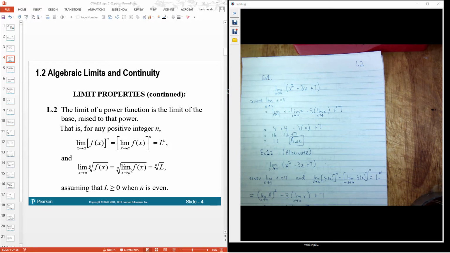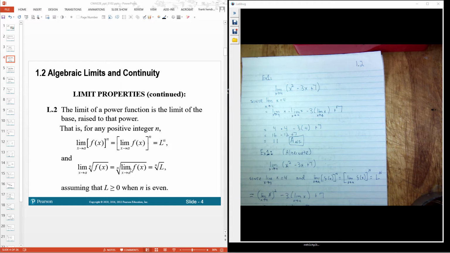Limit properties here. The limit of f of x to the n is going to be that output value raised to the nth power. And the same thing with square roots. You take the square root.